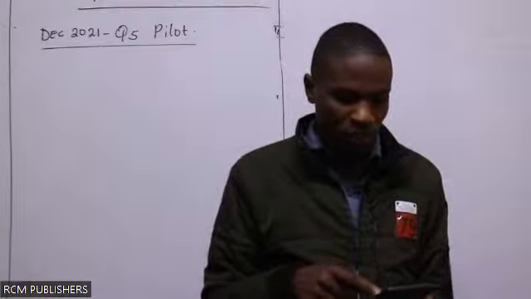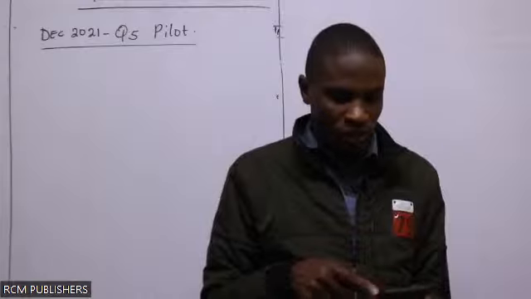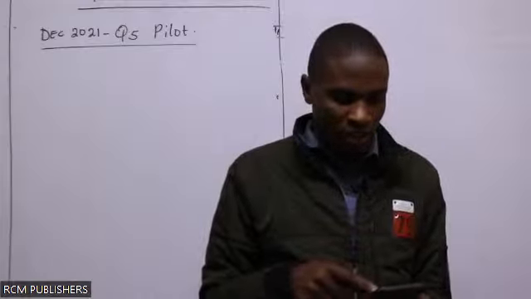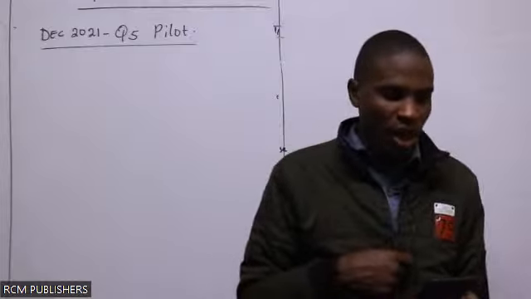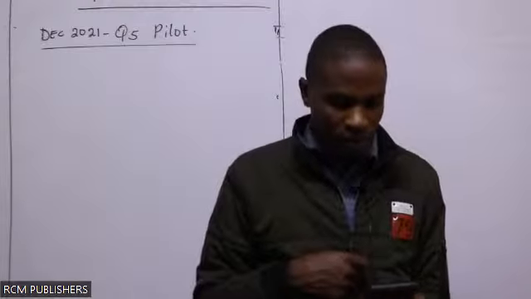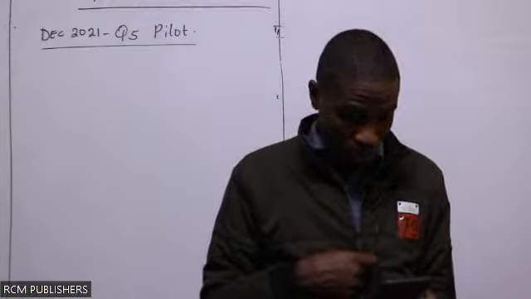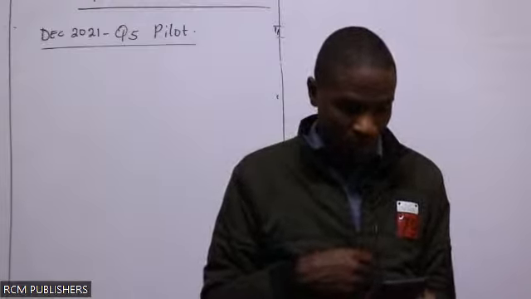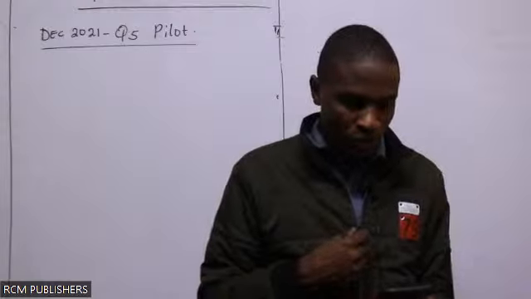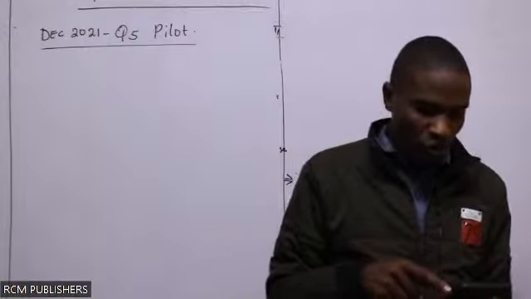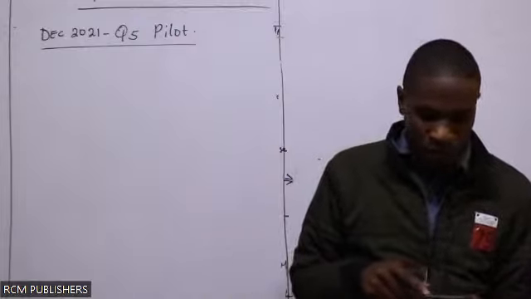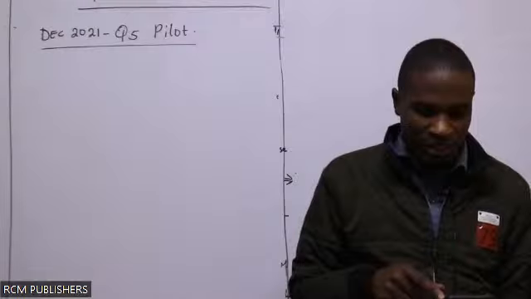Statement of financial position 2020-2021. Non-current asset, property, plant and equipment. Current asset, we have inventory, receivables, bank, then total assets. Capital, share capital, retained earning, non-current. We have current liability, total liability, total capital and liability.